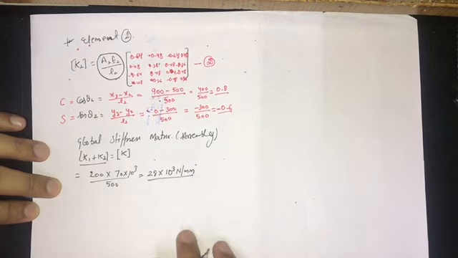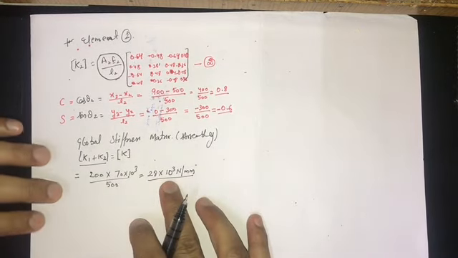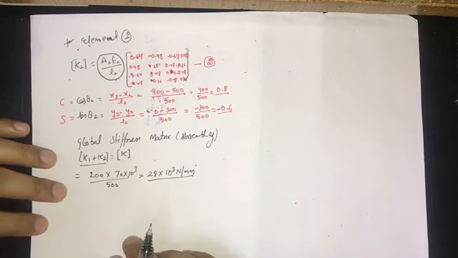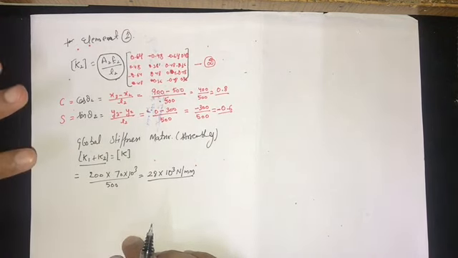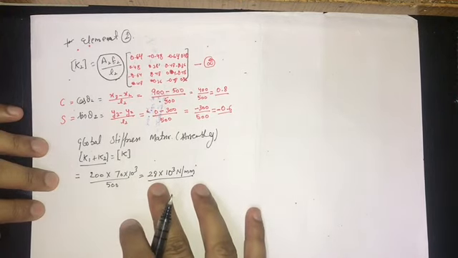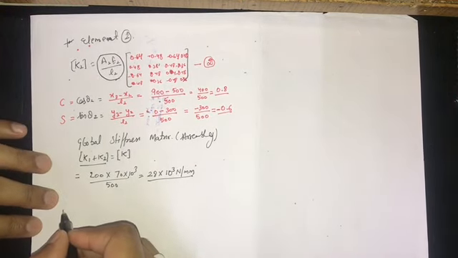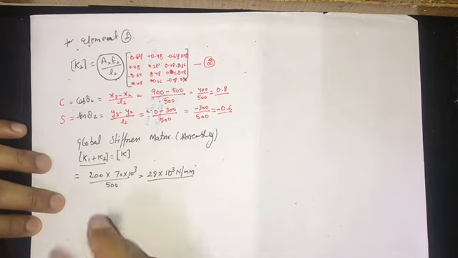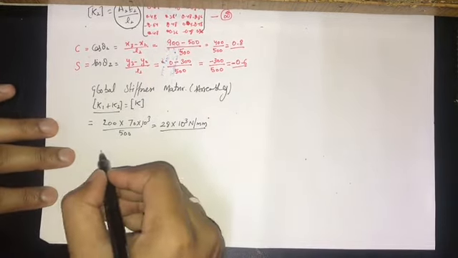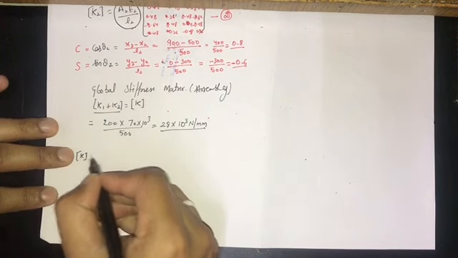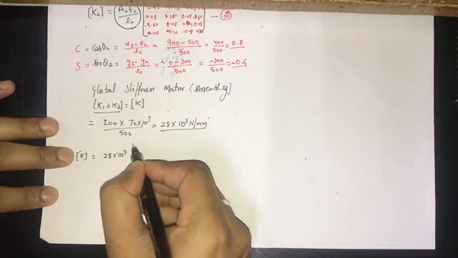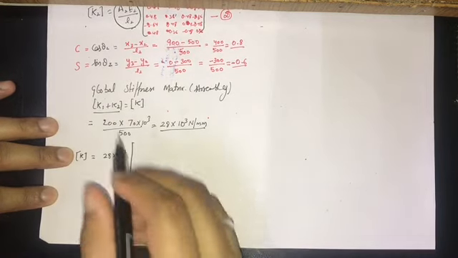For element 1 it is 28, but sometimes it may be different if the length and area of the elements differ. Here we got the same value, so we take it as a common term for both elements.